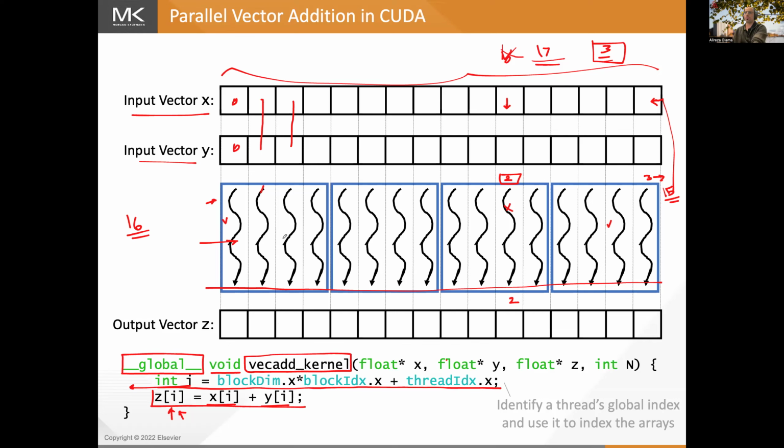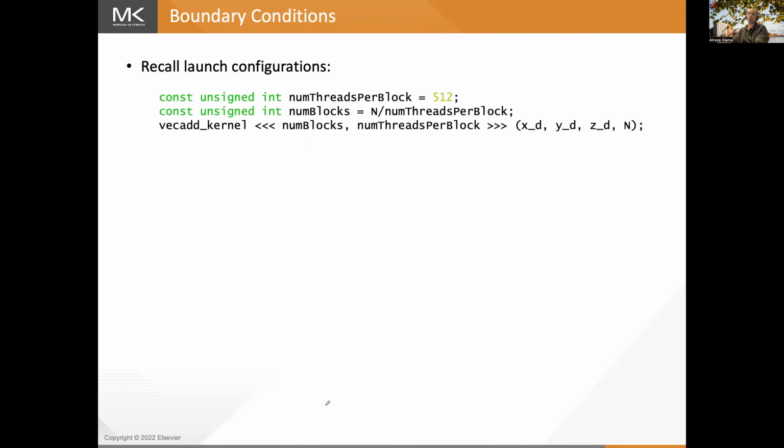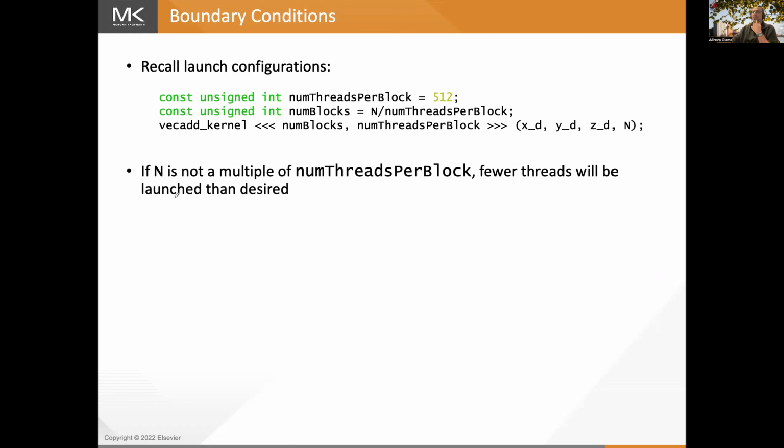So for doing that, I have to check some boundary conditions here, and this is what I want to talk about. As I mentioned, if the number of elements is not a multiple of the number of threads per block, you usually have fewer threads.